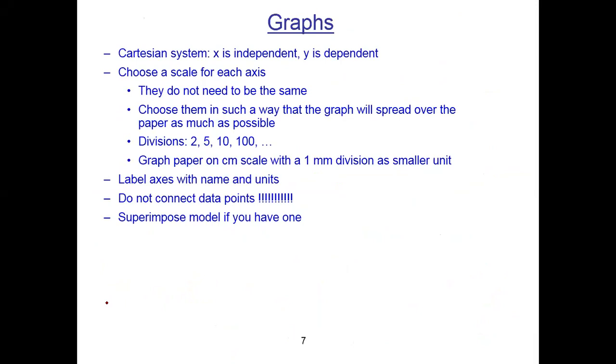We use graphs to show the relationship between different variables. For example, usually if we have a graph with a y-axis and an x-axis, we use the y-axis for the dependent variable and the x-axis for the independent variable.